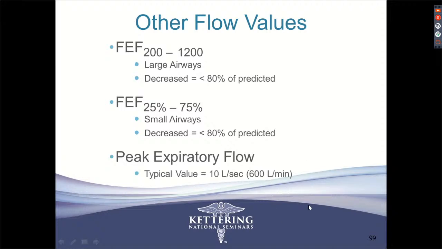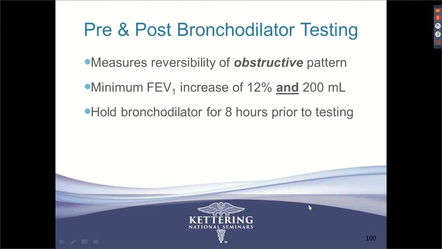All right. That brings us to the bottom of page 30. And this has to do with doing pre and post bronchodilator testing. Again, the reason we're doing this is to determine, is the obstruction reversible? Okay, so highlight letter A under number 5. Letter B, the minimum increase is 12% and 200 mils.